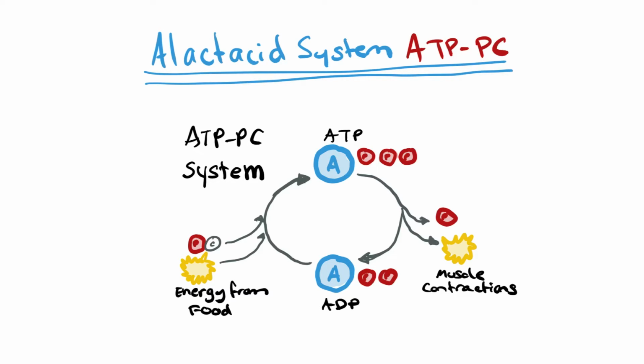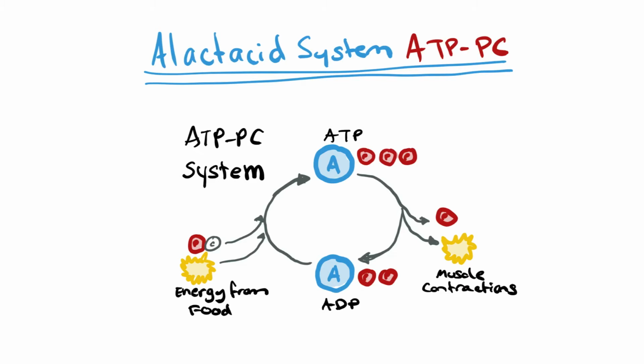The efficiency of the ATP production is very quick production because it's already there sitting in the muscles ready to go, but obviously because of that it only lasts for a very limited time. When we look at the duration intensity of it, it's about 10 to 12 seconds of high intensity, so like 95 to 100% maximum effort that the body can fuel itself from this type of energy.